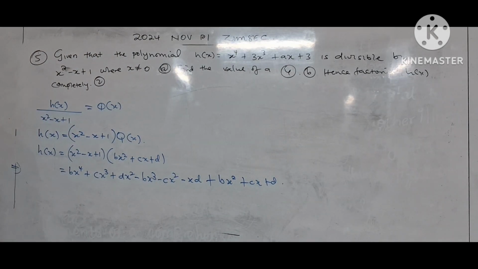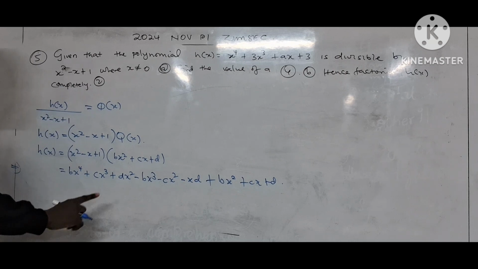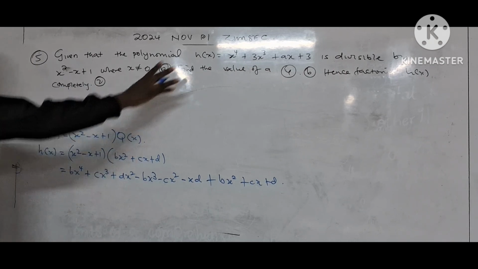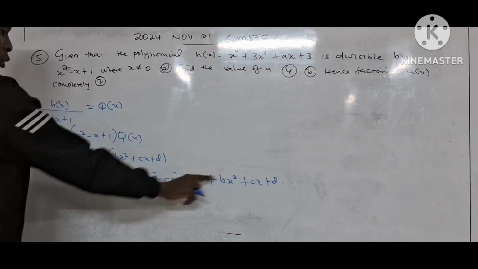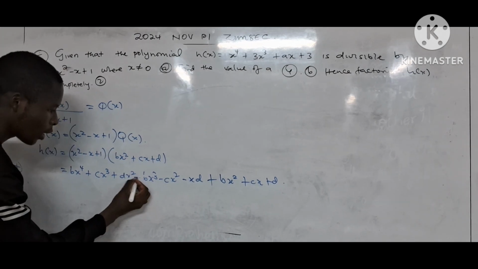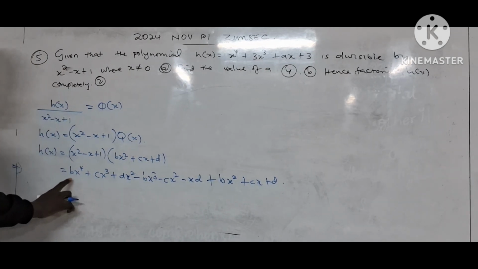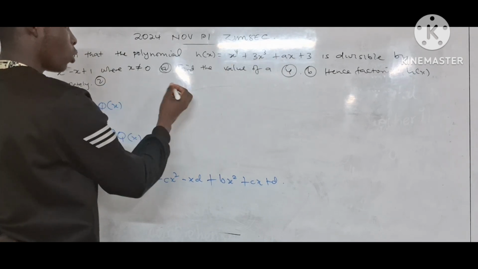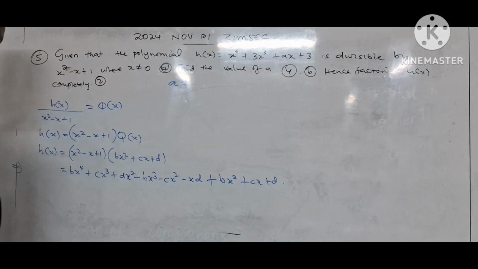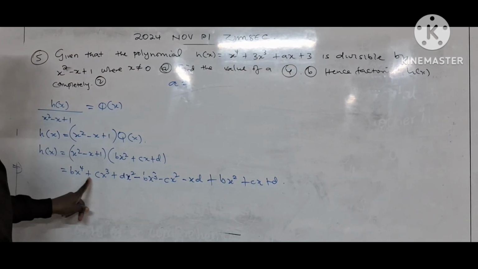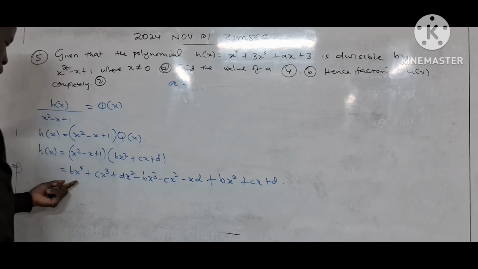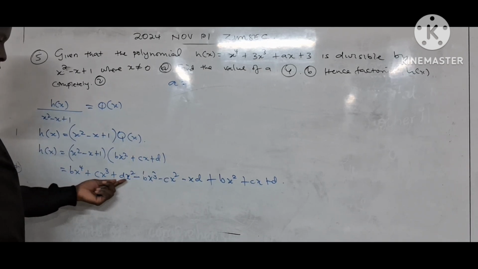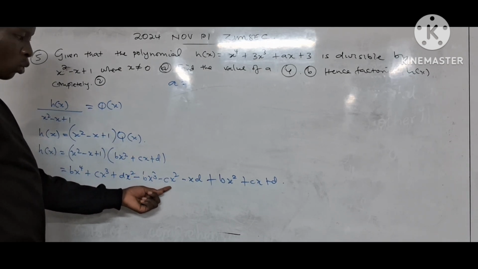Here we are. Let's check now. Let's check together. You compare. h of x is equal to this. Now the coefficient of x is a. So a is equal to, here, what is the coefficient of x?